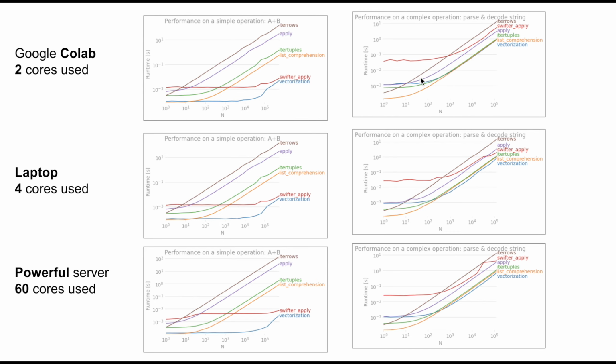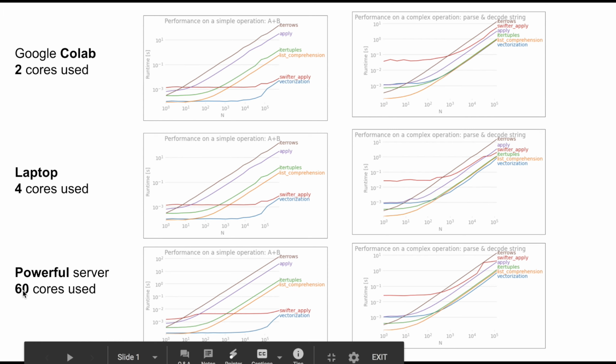But if you speak about a complex operation, the duration of execution for different options grows in about the same fashion, and vectorization also grows linearly. And what is also interesting is that for a laptop of 4 cores, the picture is almost the same, and for a powerful server with 60 cores, the picture is almost the same.